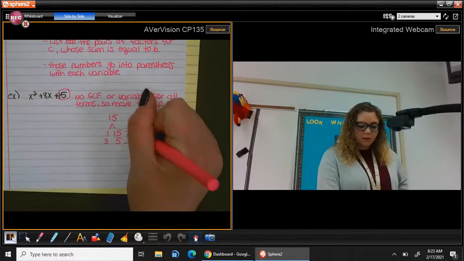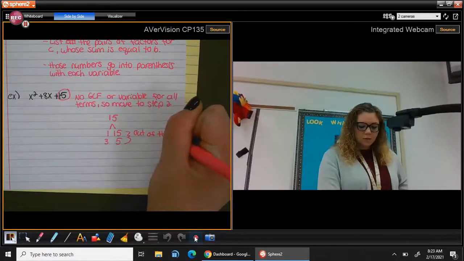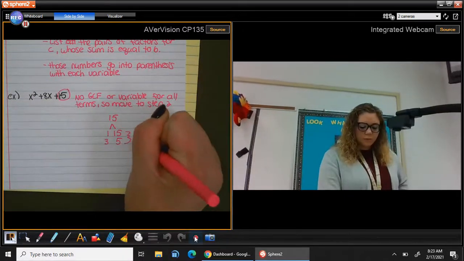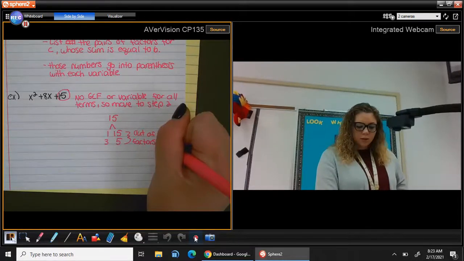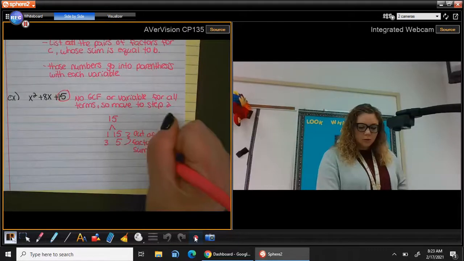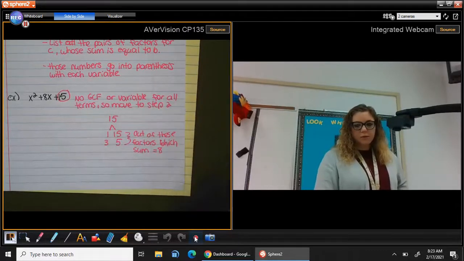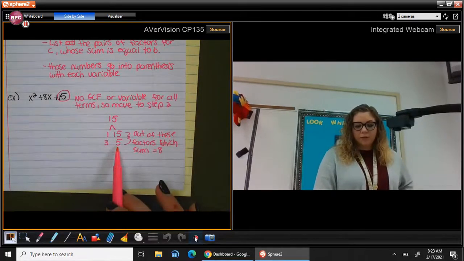Out of these factors, which sum will give me 8? 1 and 15 won't give me 8, but 3 plus 5 will.